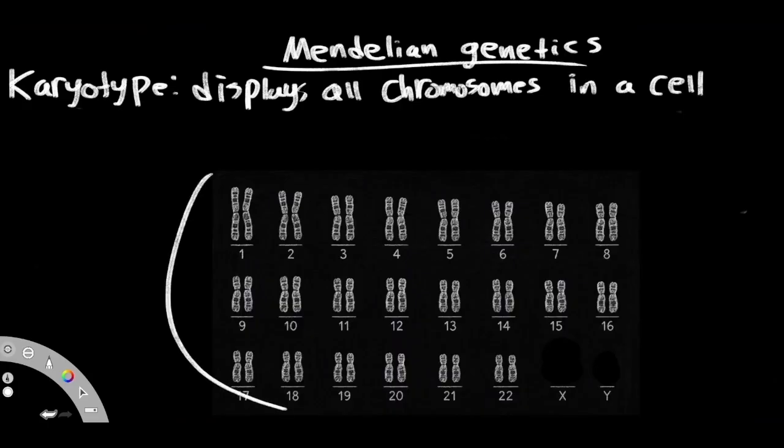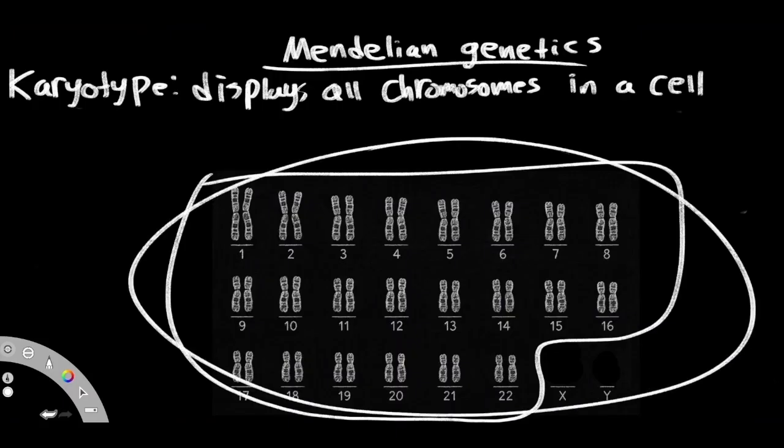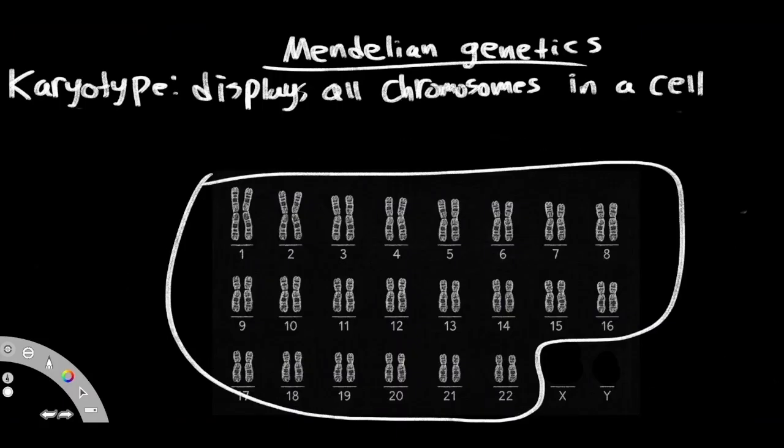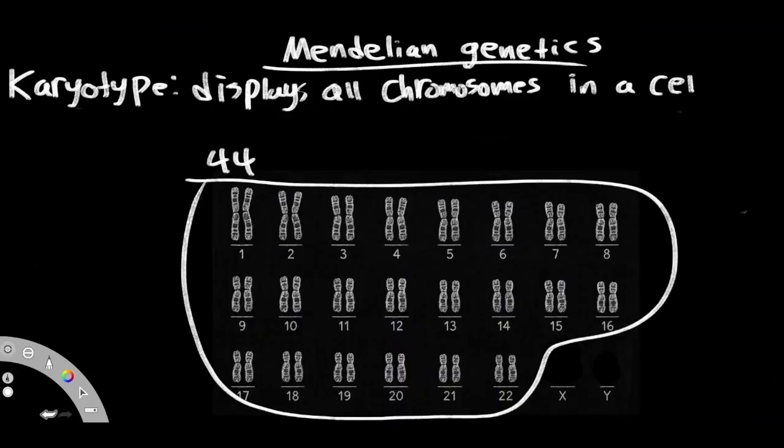So in mitosis that we just looked at, they're responsible for the body cells, all right? Body cells undergo mitosis. So literally everything here. And as you can see, there are 22 pairs, 1 all the way to 22. And obviously a pair has 2 chromosomes each. So 22 times 2 gives you 44 chromosomes. And again, these are only for the body cells, all right?